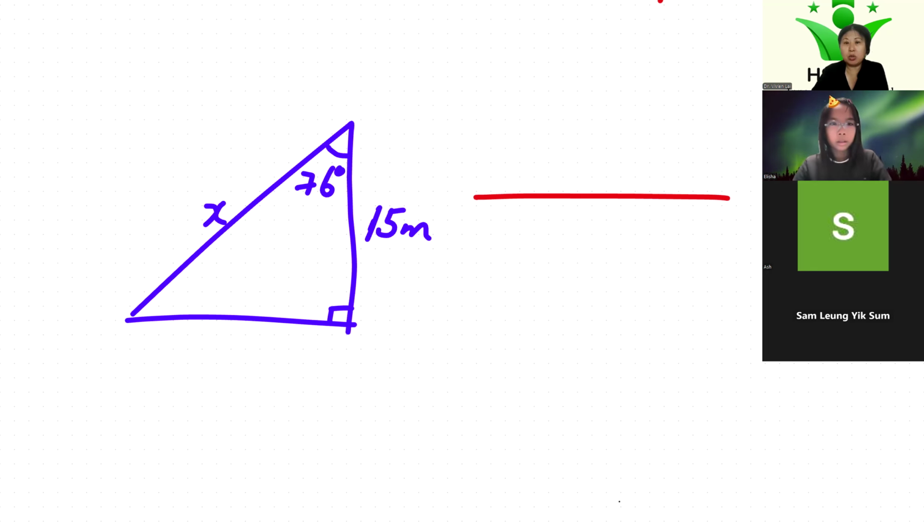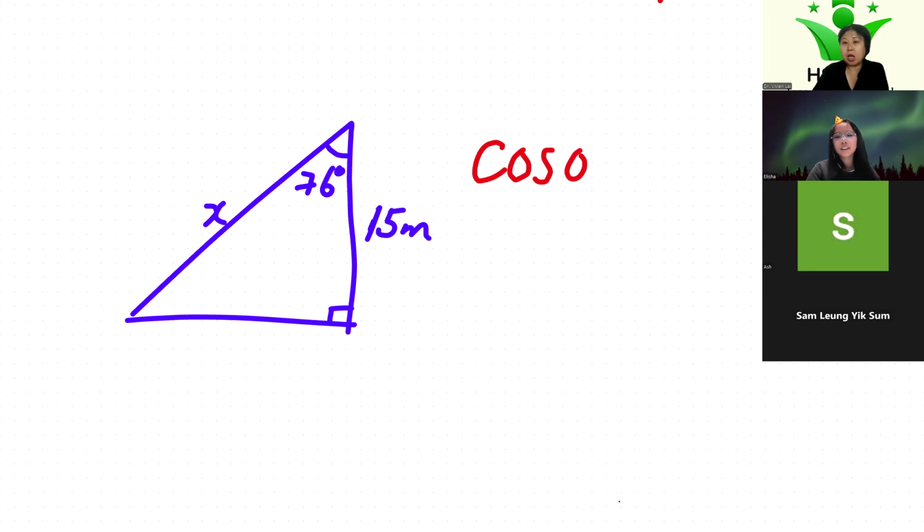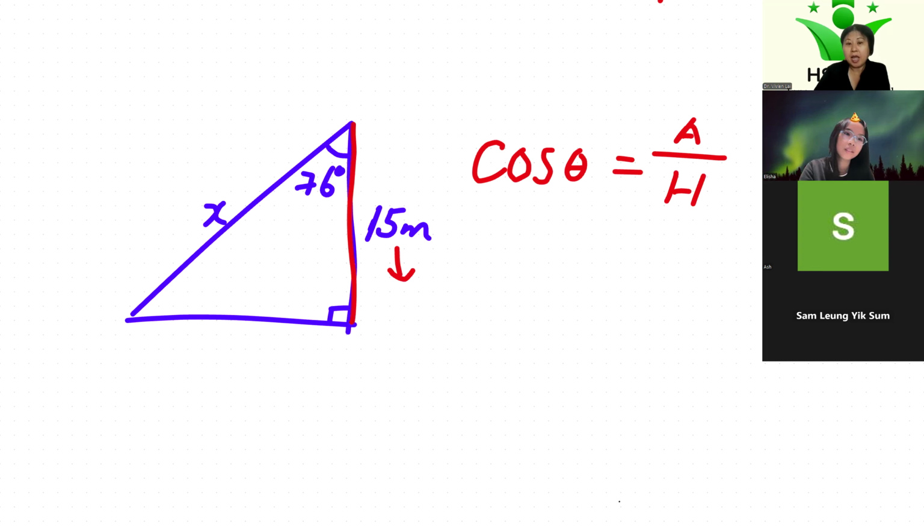So remember what I told you, cosine theta equal to A over H, right? So we have cosine theta, this is A. It's on this line, you will have the theta, you will have the right angle, that is your adjacent, right? And the line which we need to find is your H. Opposite to the right angle is your H, hypotenuse.